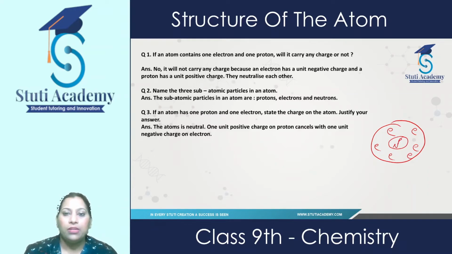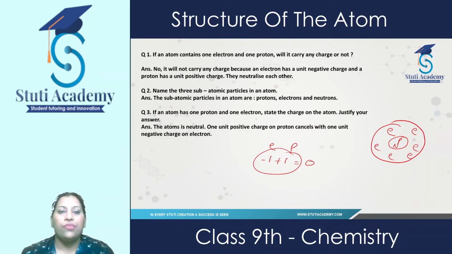So electron is carrying charge 1, proton is also carrying charge 1. So it is minus 1 and plus 1. Answer is 0. So that particular atom is electrically neutral because they neutralize the effect of each other.